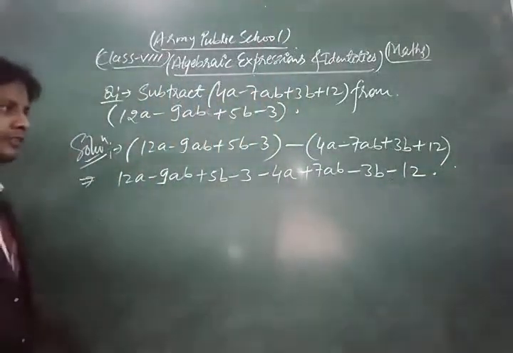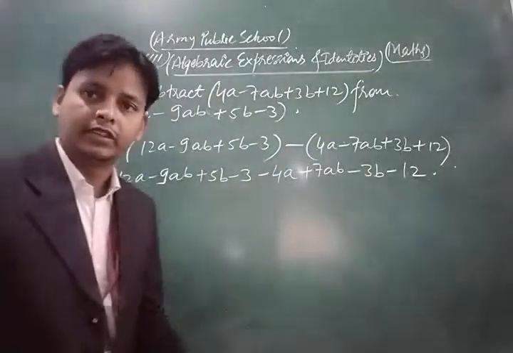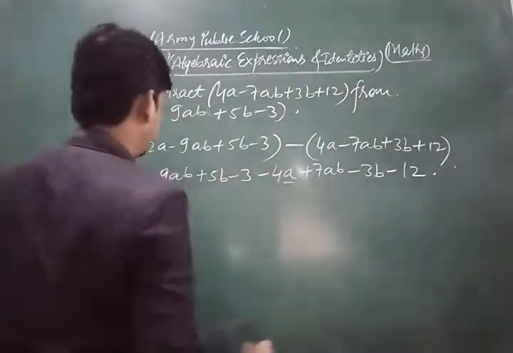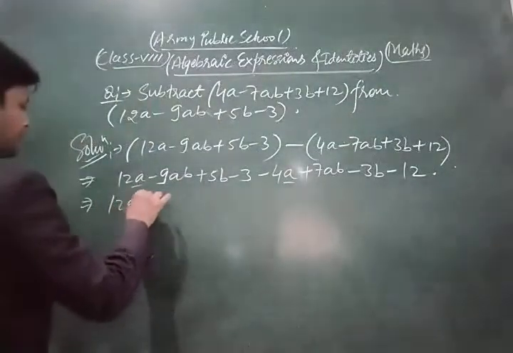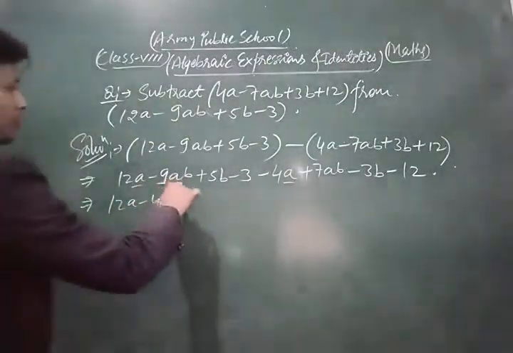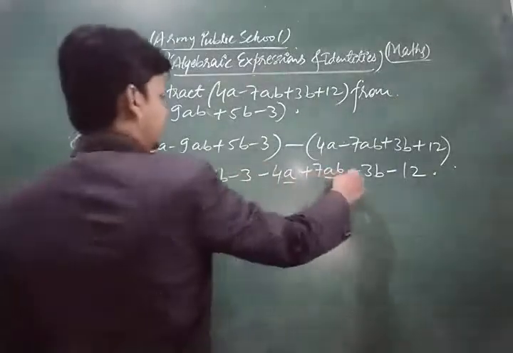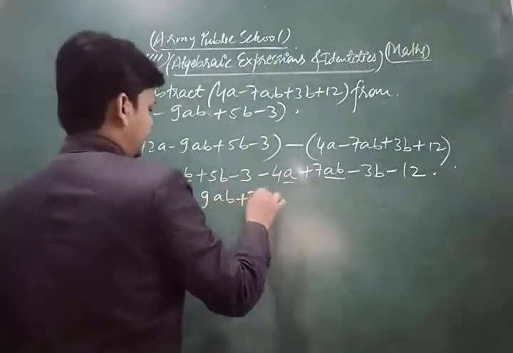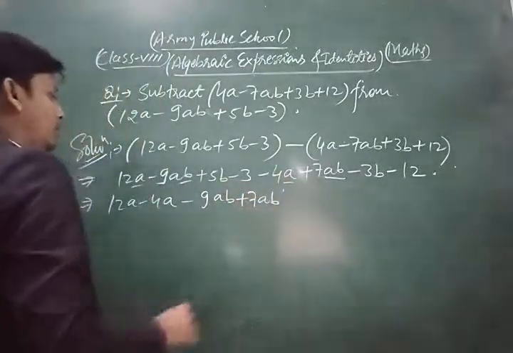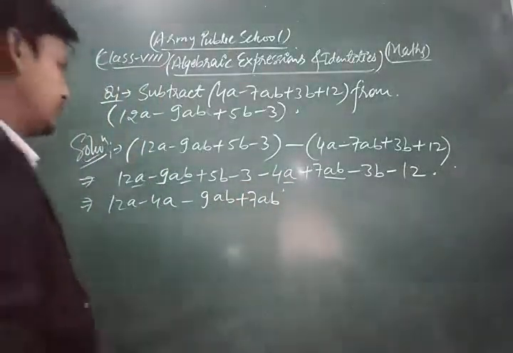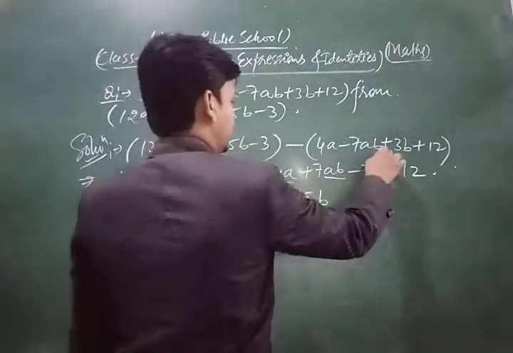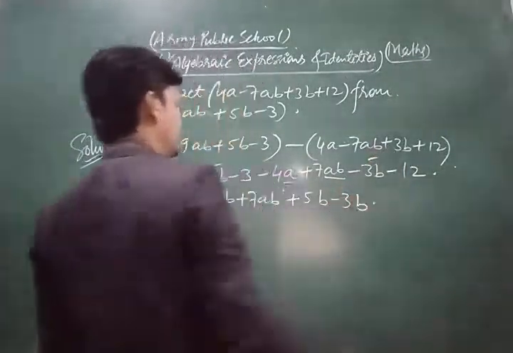Now after that we collect the like terms. Look, a is here, so we take 12a minus 4a together. Now ab is there, so minus 9ab and plus 7ab are taken together. Now this is plus 5b and this is minus 3b, taken together.